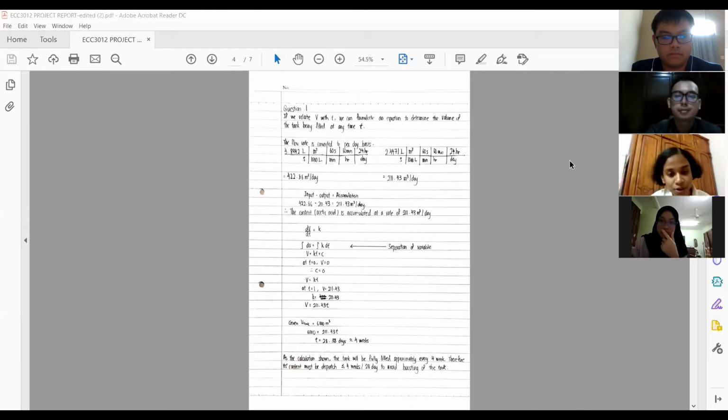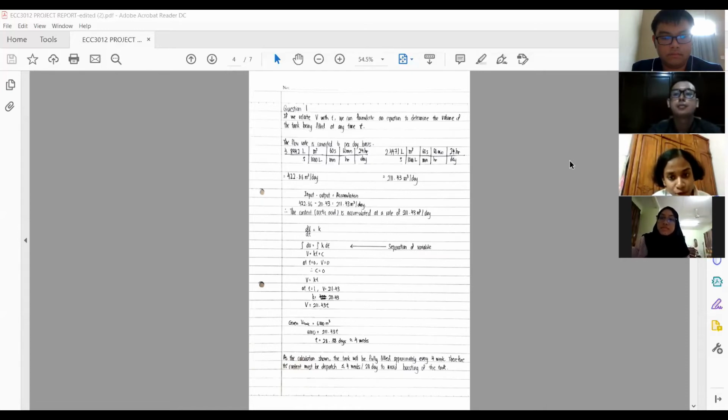I'm saying this because at time 0, the content of the tank will be 0. So our c will be 0. We will get V equal to kt. So at time equal to 1, V is equal to 211.43. So our k will be 211.43.